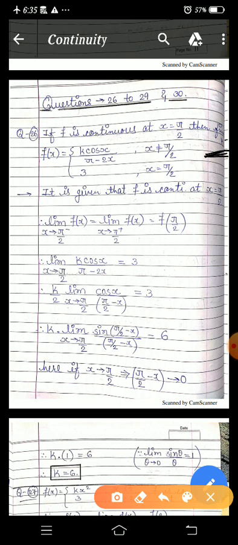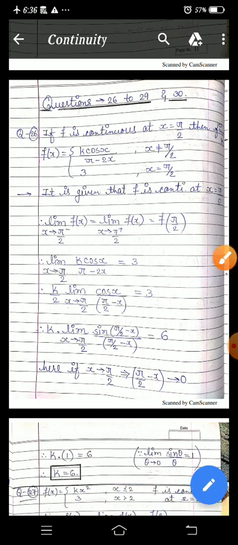Here the value of f of x is given as k cos x upon pi minus 2x whenever x is not equal to pi by 2, that means either x is greater than pi by 2 or less than pi by 2. Another value is given at x equals pi by 2, f of x equals 3.